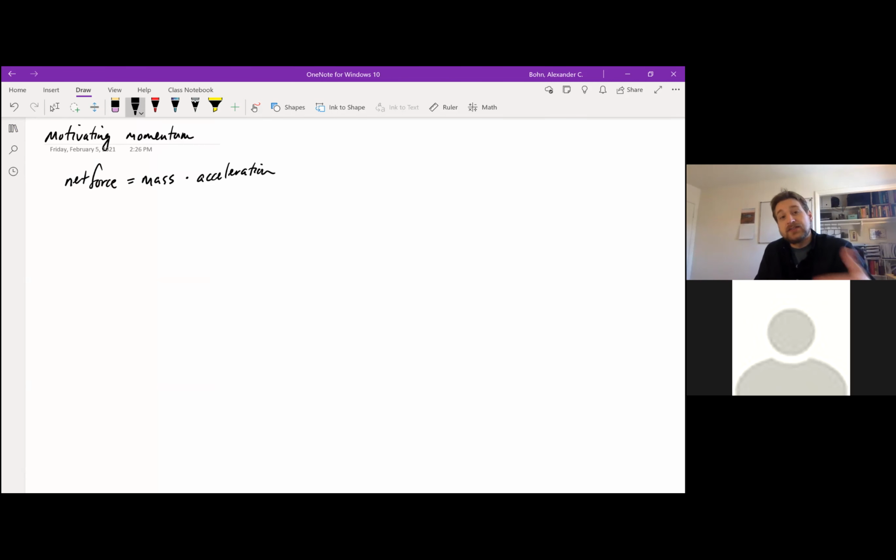So we have a way to relate the acceleration, in other words, the change in the velocity of an object, to the net force that acts upon that object. Okay, so here lately, our deal with Newton's second law, and I'm going to write it two ways, once in words and once in symbols.